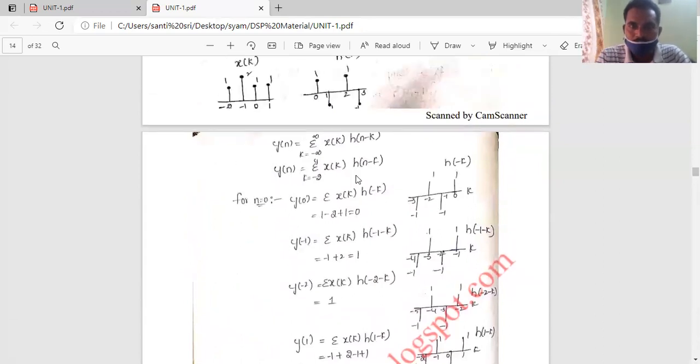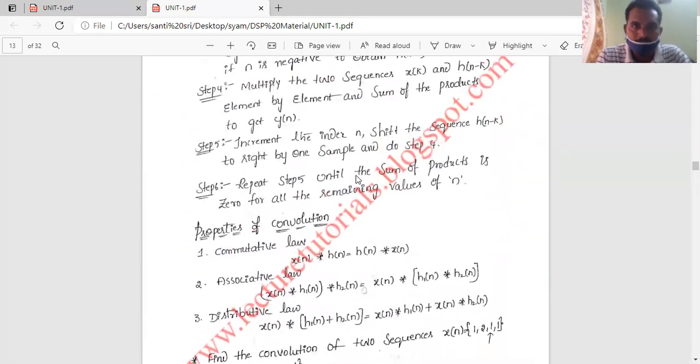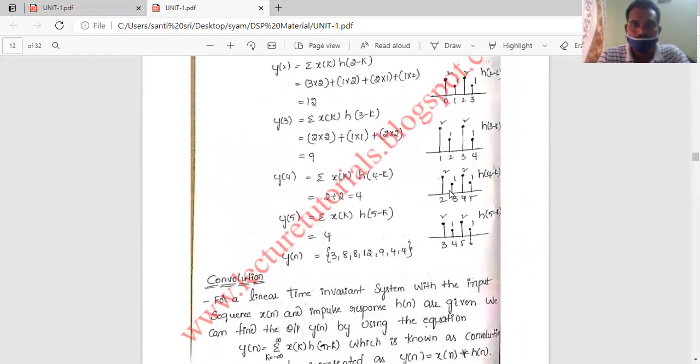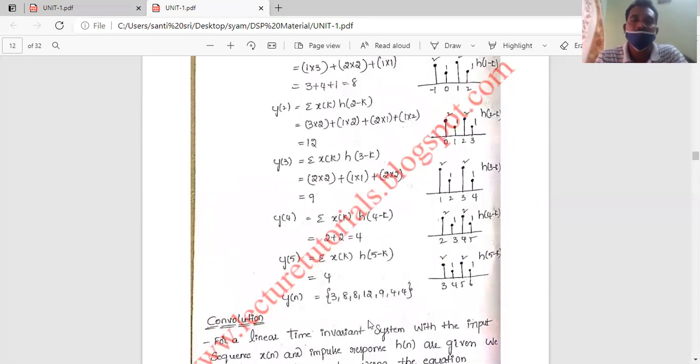Okay, so let's see the last step. See the last step here. Repeat the step until the sum of products is 0 for all the remaining values of n. So we'll put the arrow there. Okay, right? In the above problem, there is no such 0, that's why we didn't put any arrow here.